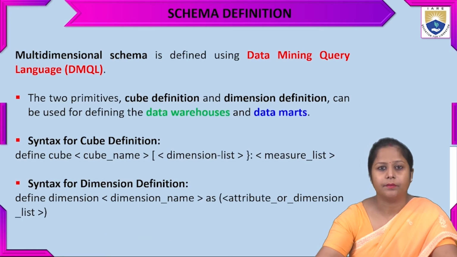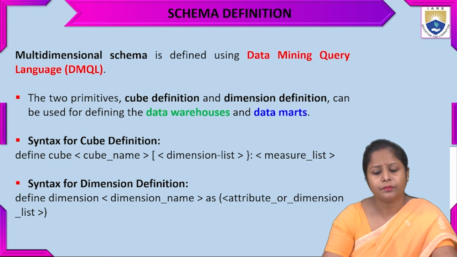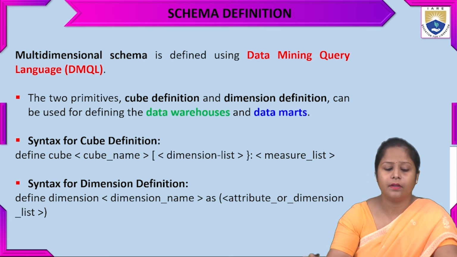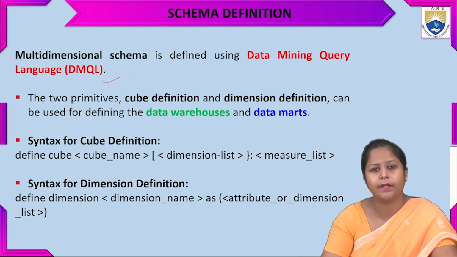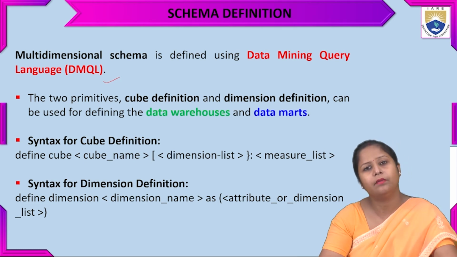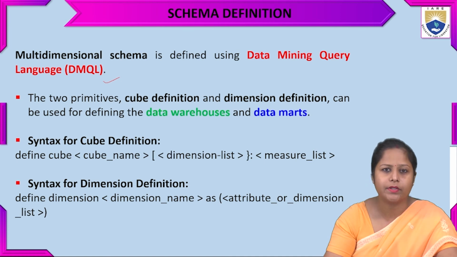Schema definition. While we are mapping the schemas, the analyst needs to write everything in the form of queries. So we will use a query language to write different queries to get the answers, right?